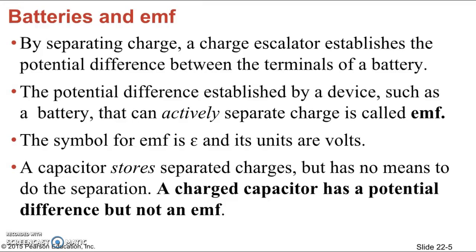Now, a capacitor stores charge and separates the charges, but it doesn't have a means to do this separation. It's not able to actively separate these charges, whereas the battery does this through chemical processes. So a charged capacitor has a potential difference, but it's not an EMF source. Batteries are EMF sources because they actively move the charges, whereas capacitors just store charge.